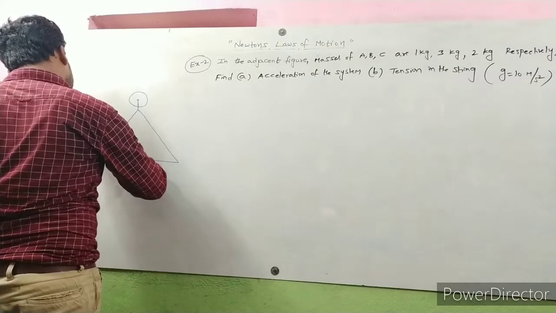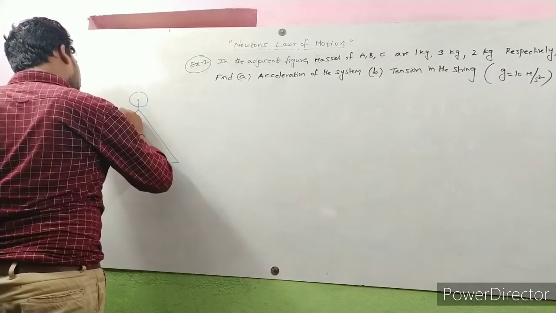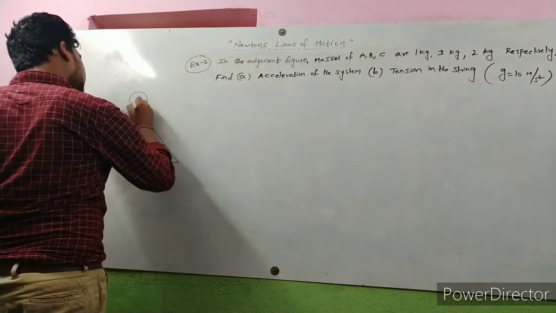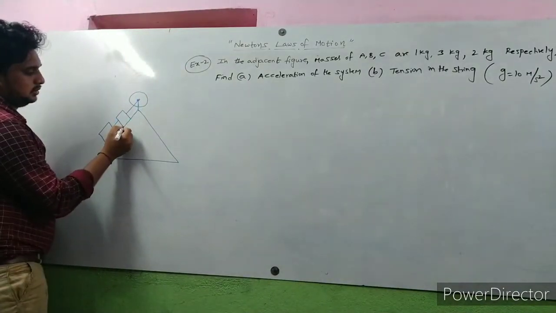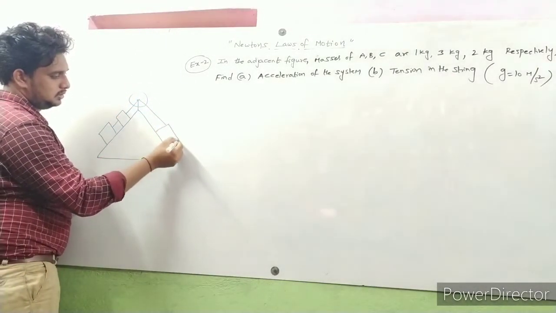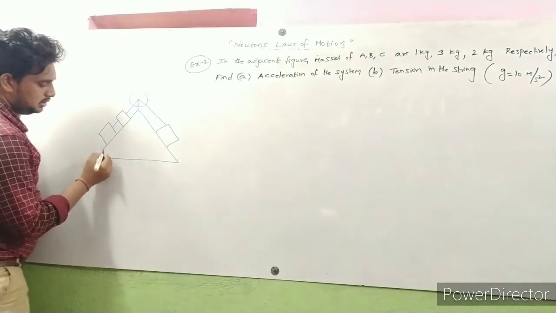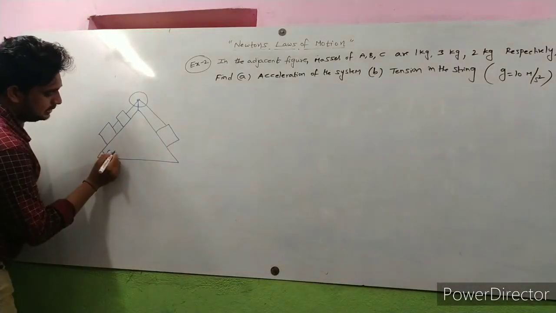Here is the block, one block, the second block. These are connected here, and here is another block. So we are placing them. Here the angle is 60 degrees.